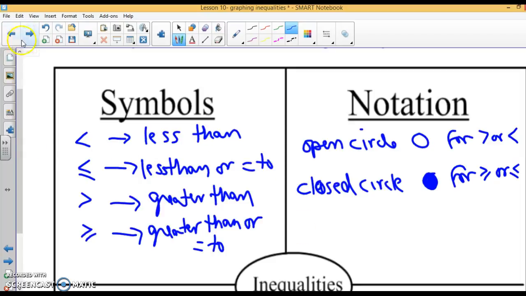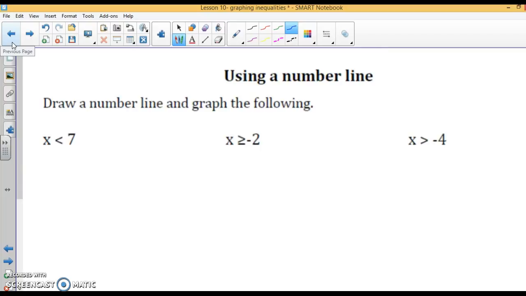Now, let's take a look at this. Draw a number line and graph the following. So, you always want to have your variable on the left to do this. This says x is less than 7. So, when you draw your number line, I don't think you need to write a million numbers on this. I would put the number that is the edge, which is 7. Put one to the right and one to the left.